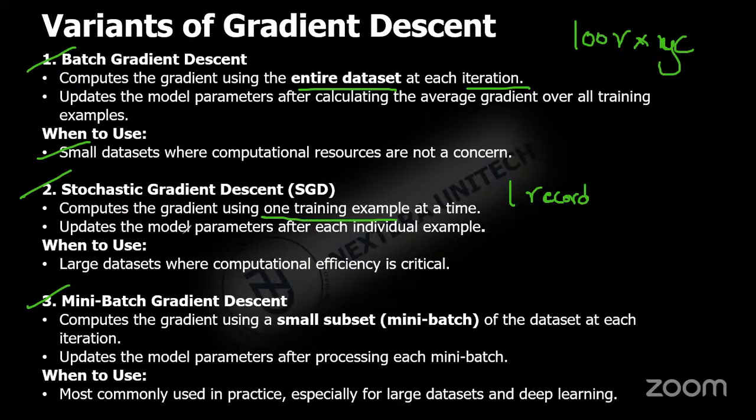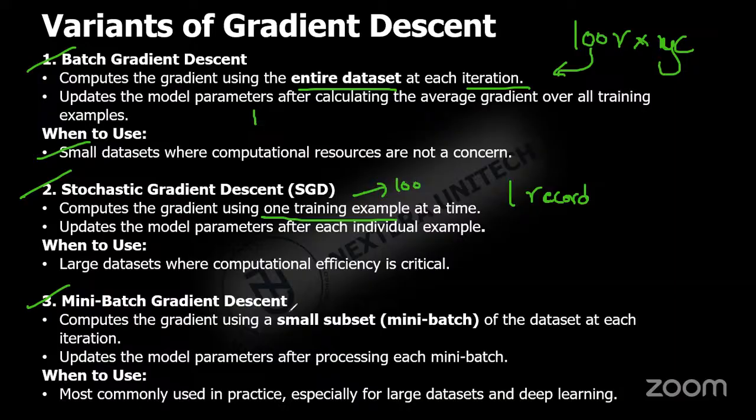It updates the model parameters after each individual record. In batch gradient descent, for 100 records the model parameters are updated only once. But here, 100 times you are passing, so the model parameters will be updated 100 times.